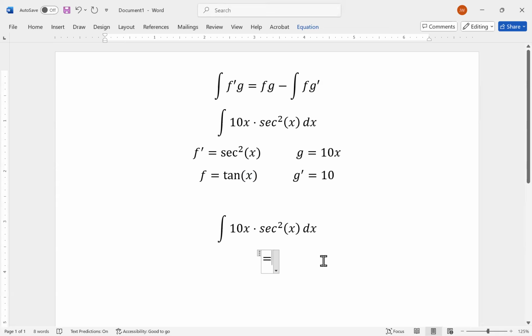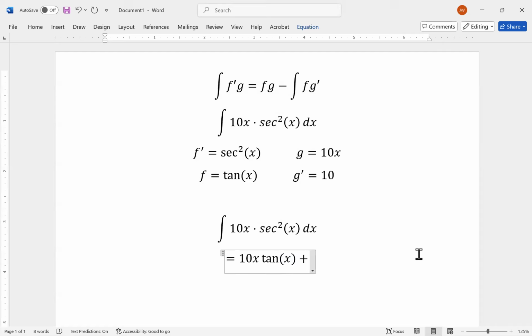So that means that the antiderivative or the integration of 10x times secant squared of x with respect to x becomes, well, f times g is going to be tangent times 10x. I'm going to write that as 10x times tangent of x.